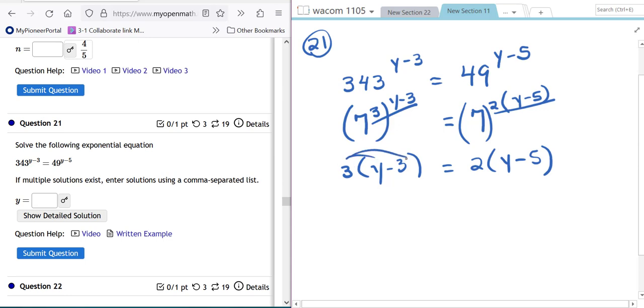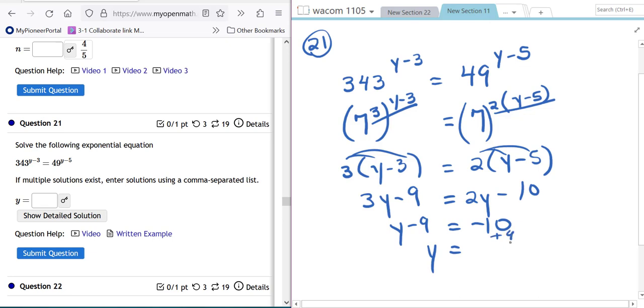So here we'll distribute 3y minus 9, over here 2y minus 10, and then get rid of a y, so 3y minus 2y is y, and add your 9, negative 1.